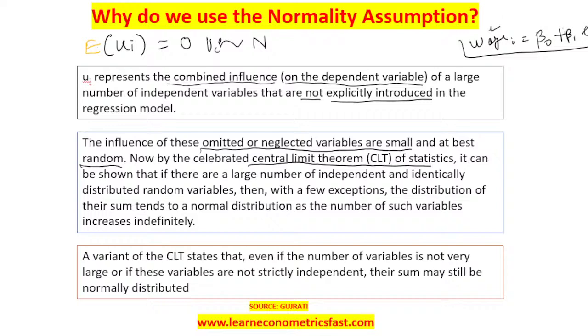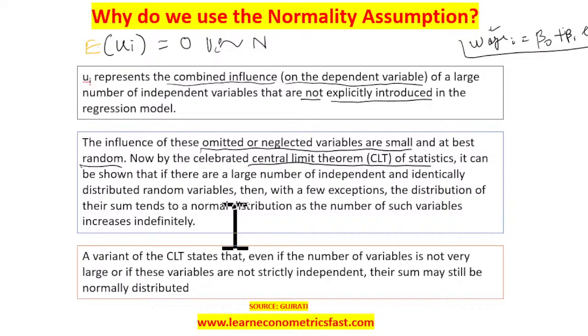If you assume normal distribution for the errors, then it is easy for us to assume that their sum is going to be normally distributed, and it will help us to proceed with our estimation.